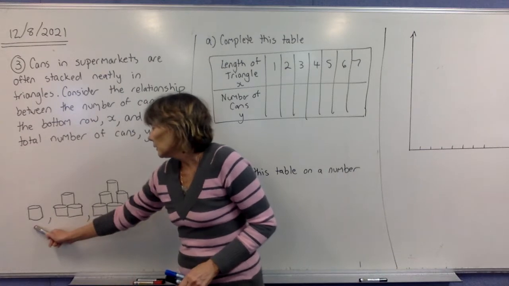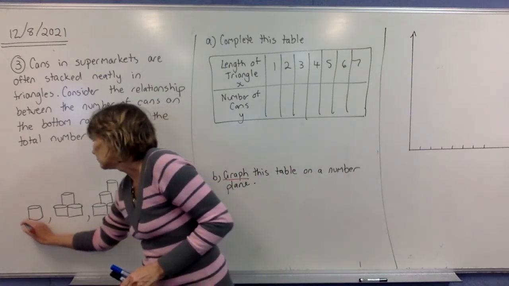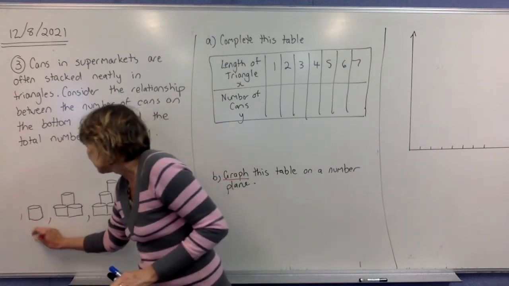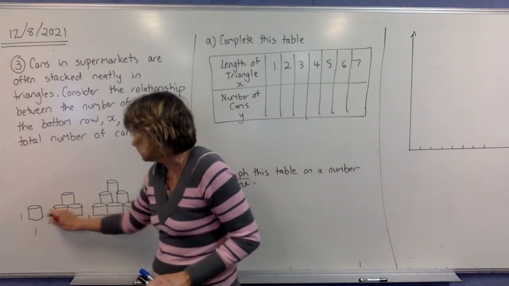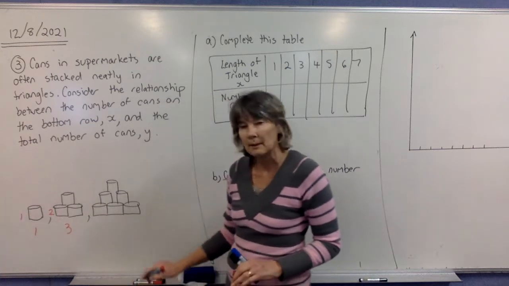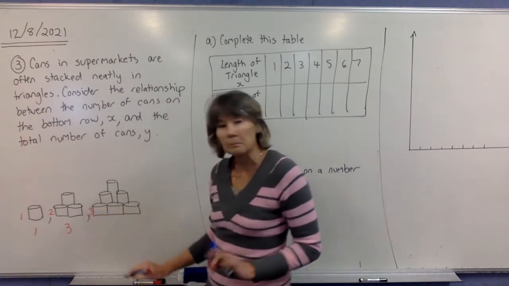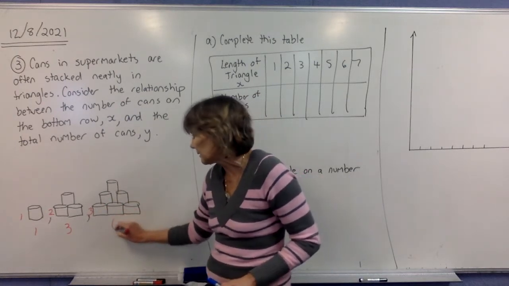This one here has one can in the bottom row, and it has one can altogether. This one has two cans in the bottom row, and it has 3 cans altogether. This one has 3 cans in the bottom row, but altogether 6 cans.